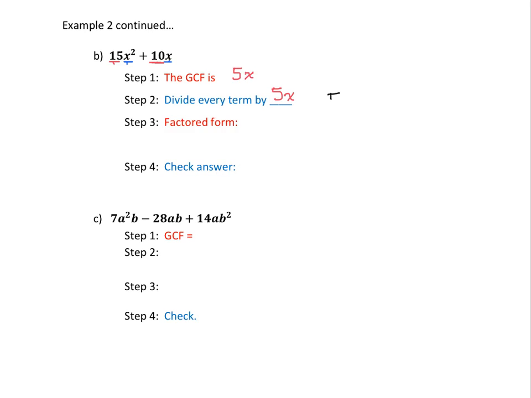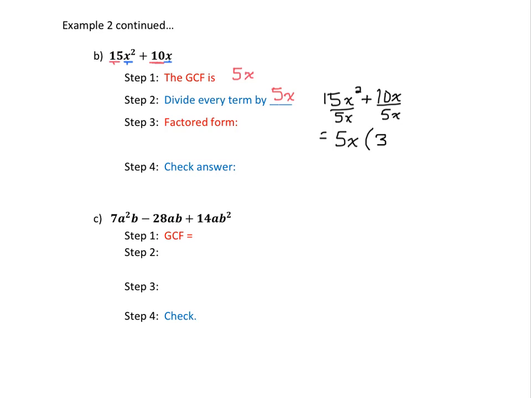So if we have our original expression, 15x squared plus 10x, we divide every term by the most that it can all be divided by, so 5x, and we write our greatest common factor out front as one of our factors, and our second factor is everything left over after we divide. Well, 15 divided by 5 is equal to 3.